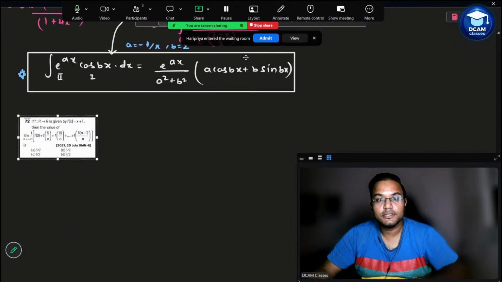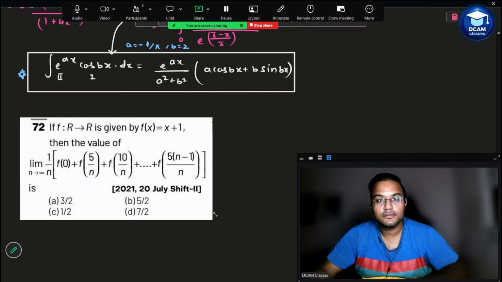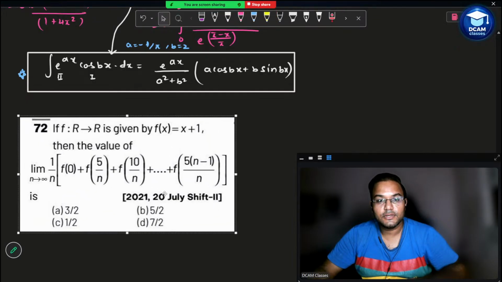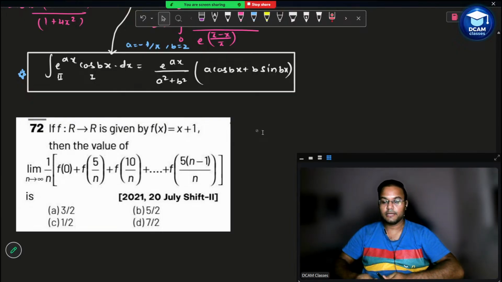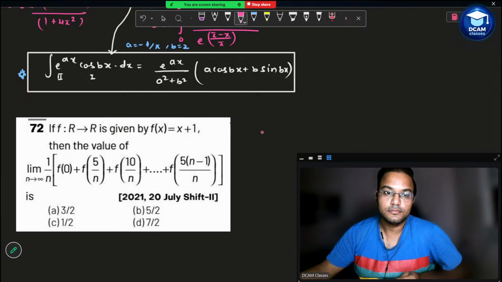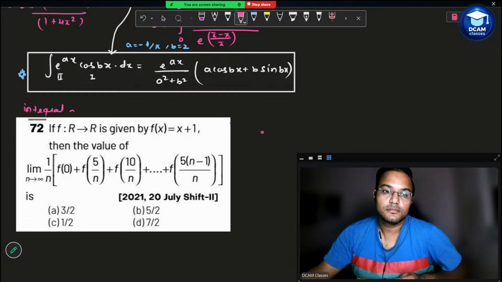See, this question you do it as homework. It is on the integral as a limit of sum. Okay, take it as homework, otherwise time.